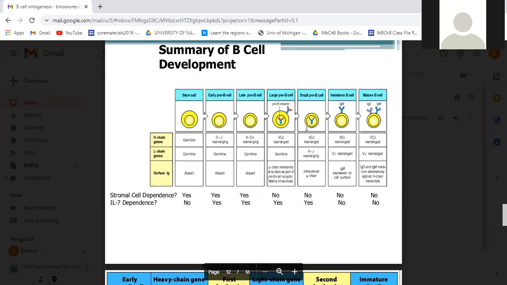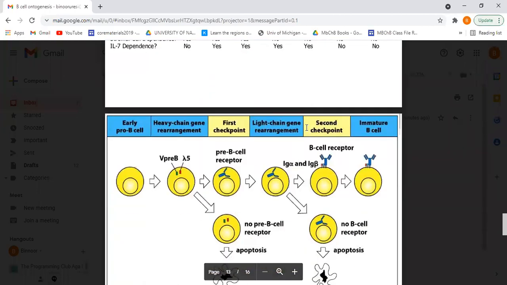So that is a very good summary of what we have just talked about. You can look at it keenly and see what happens at every stage in terms of acquisition of these receptors. Next slide.